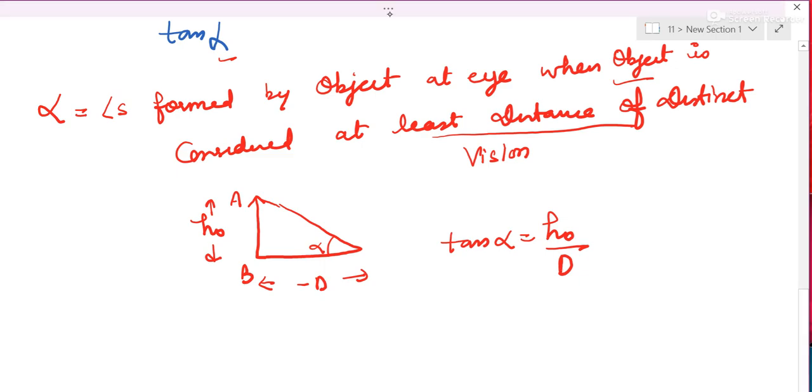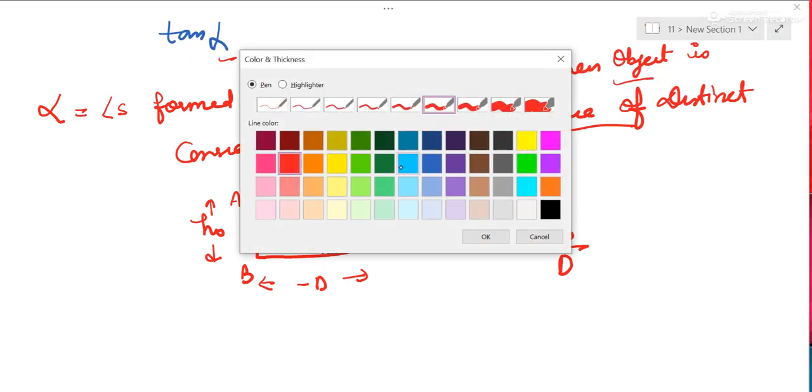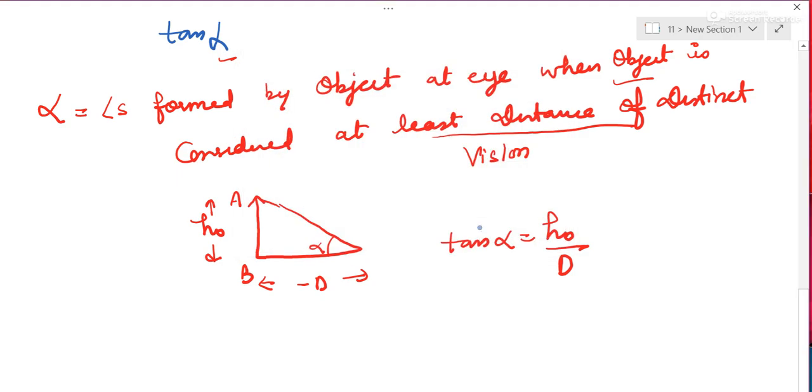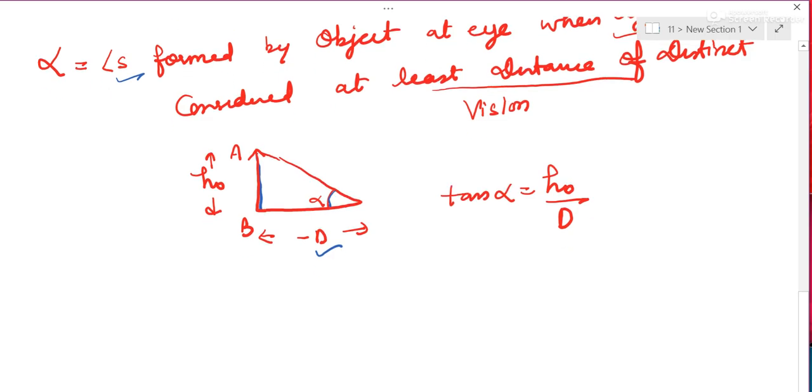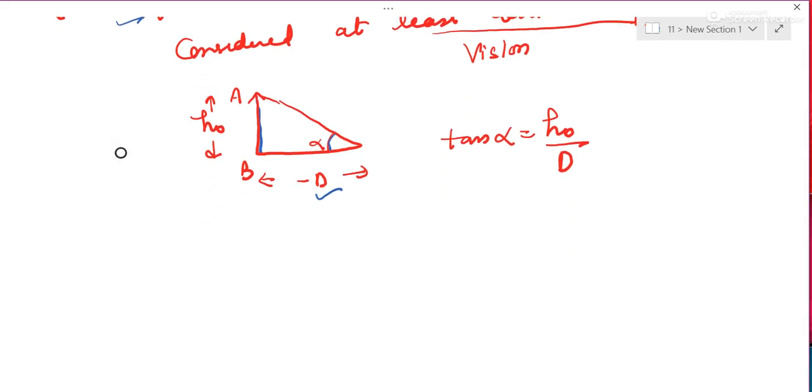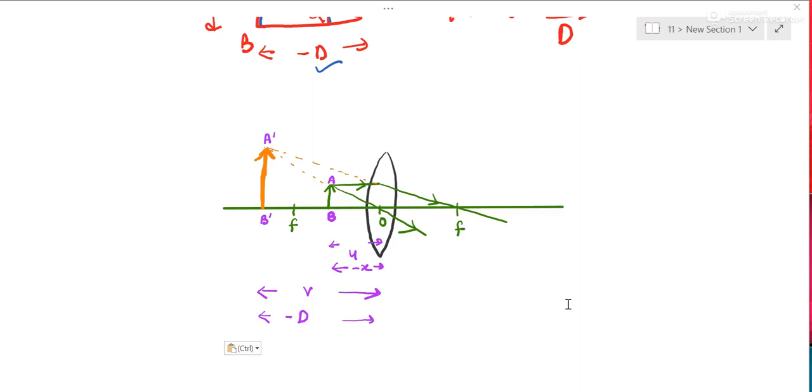If you wish to draw, see, first of all use common sense. It is an angle formed by the object when the distance is this. That is the definition of alpha. If you wish to show it in the ray diagram, then you can show it in the ray diagram as well. First of all, the distance has to be this.